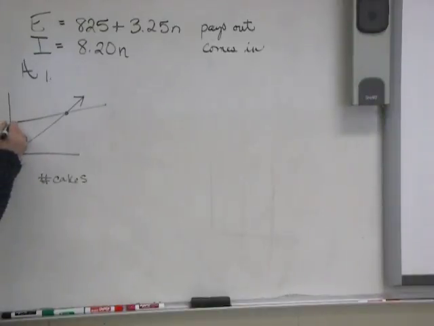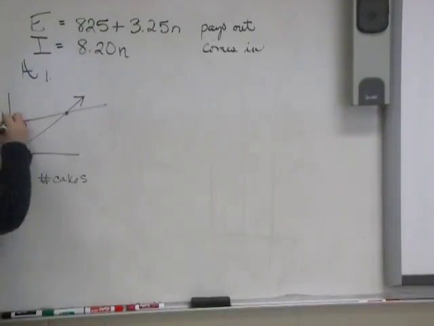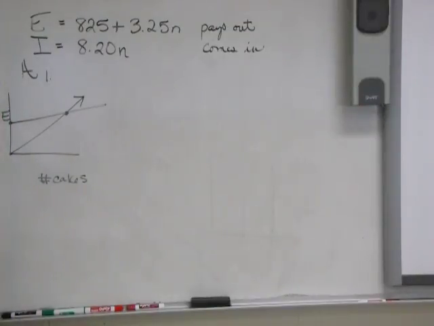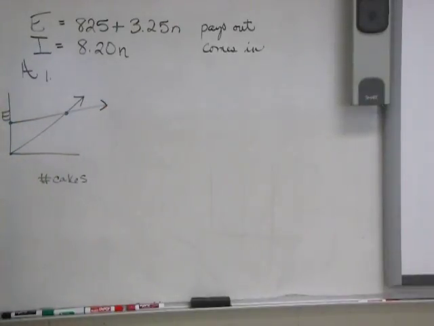If this line starts at 825, it is the expenses. This top line is the line that they pay out with. This is the line for expenses. So I would go ahead and label an E there on that graph. So I would know that this line represents the things that they pay out.